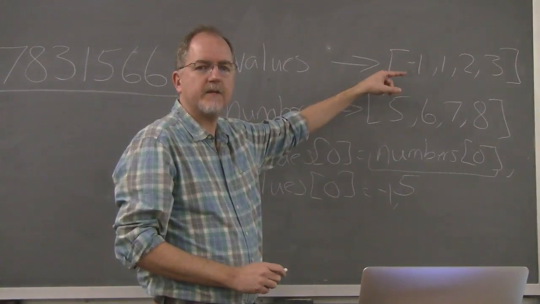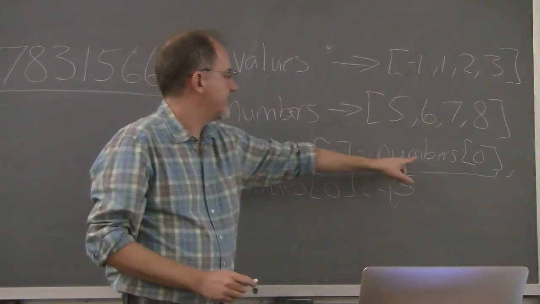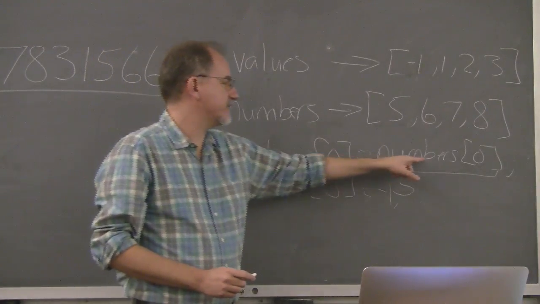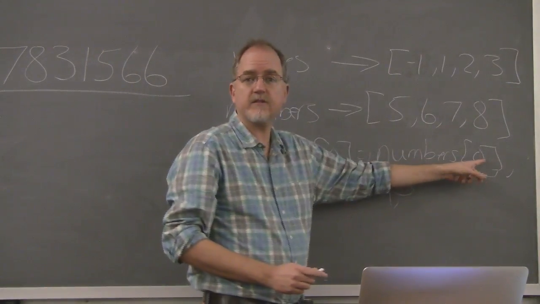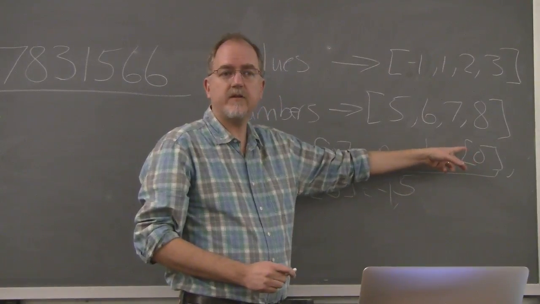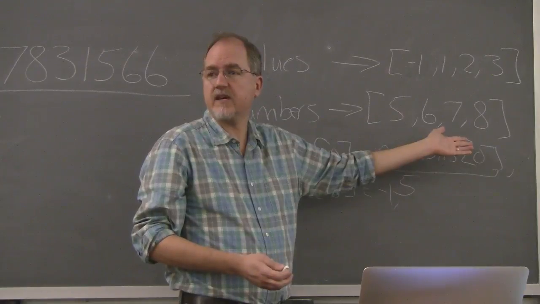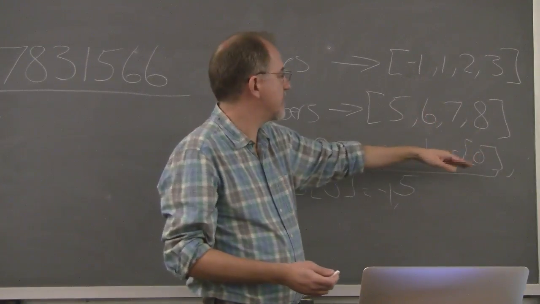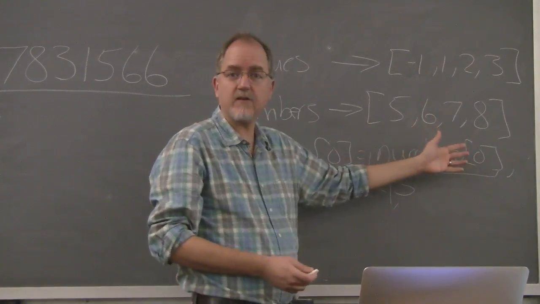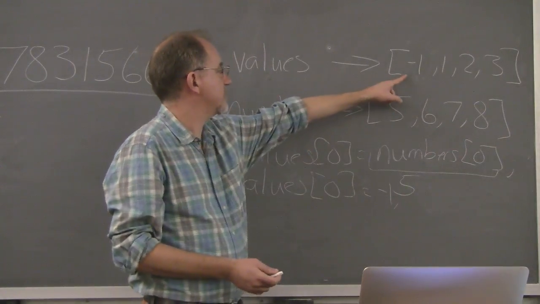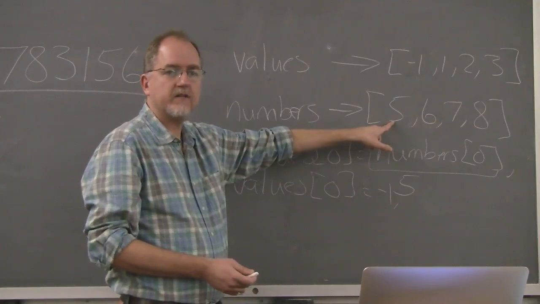Just because I assigned this value to this location doesn't mean this thing here evaluates to a reference. Numbers 0 is a primitive, an integer, so it just evaluates to a pure number. It's not a reference to number 5, it is just the actual value 5. And so when I change this location here to -1, it doesn't affect this location here.